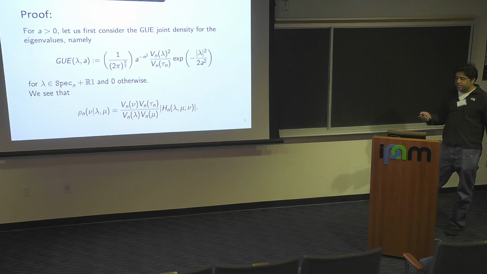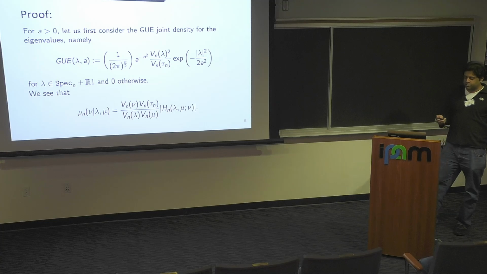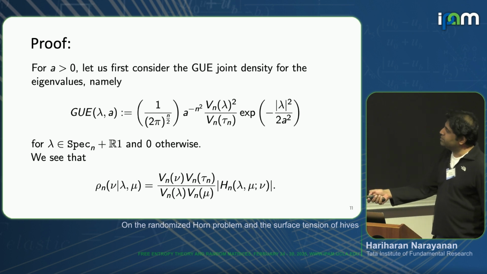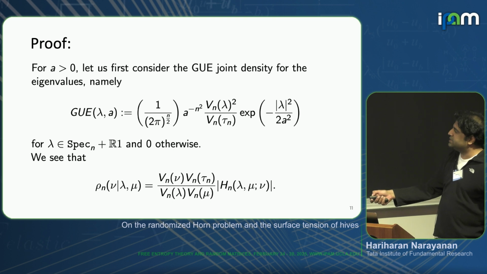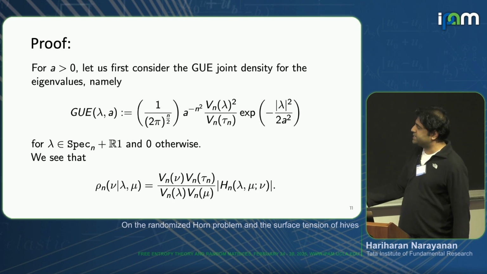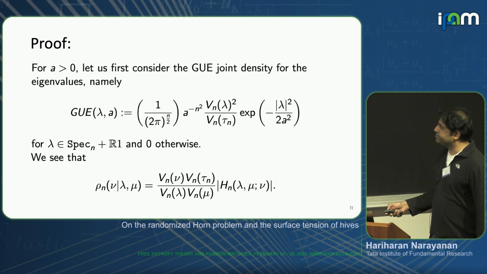And of course, if you add two independent GUEs, as we are doing, you get another GUE whose variance is the sum of the variances of the individual GUEs you started off with. So we start with one GUE here with standard deviation A, and we take another, and this is the formula which tells us what the density at nu is when you add two random matrices with spectra lambda and mu.